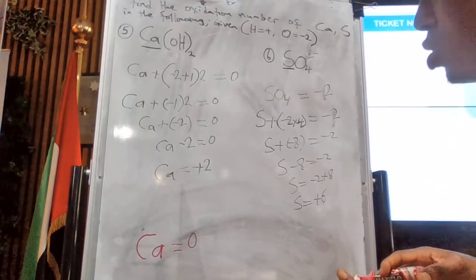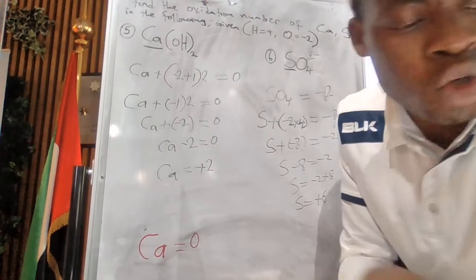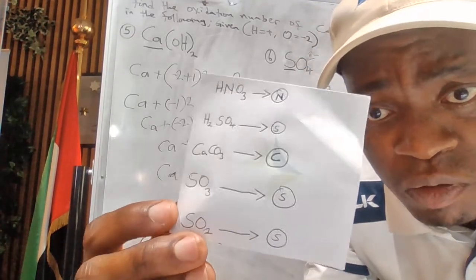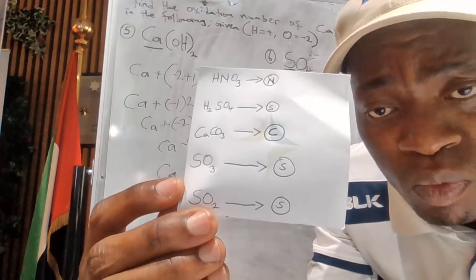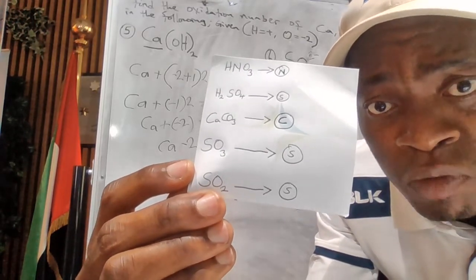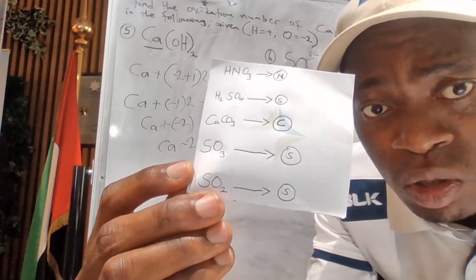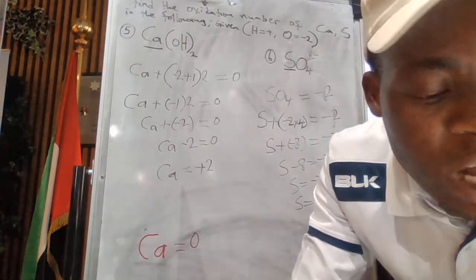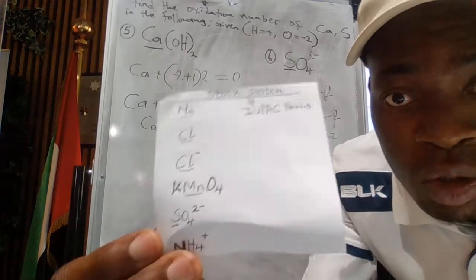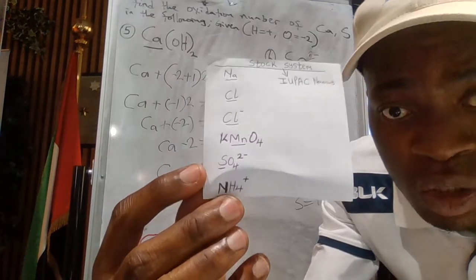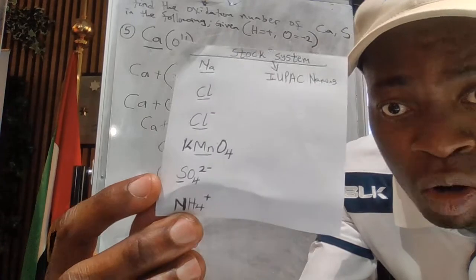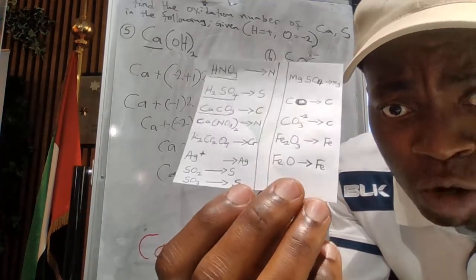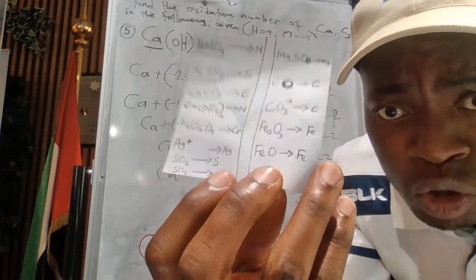So just for you to practice at home, pause the video and write down this question and solve the elements that are encircled or underlined. Solve the oxidation number of those elements. It will help you at home. Make sure you practice as students. Practice and practice often. So we also have some other questions that can help you. Just solve them, take a picture of them.